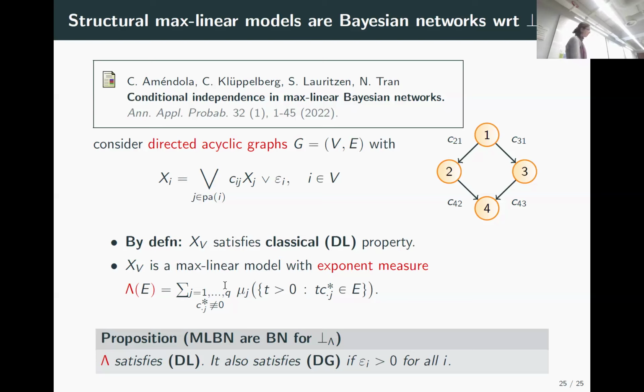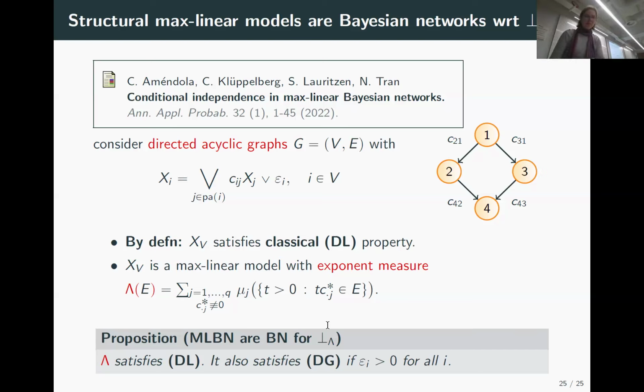And it does. It satisfies the local directed Markov property with respect to its own graph, basically. That is reassuring. And it also satisfies the global one if the noise variables that we have in the system do not have mass at the origin. Basically, that is otherwise a problem. So then it also satisfies the global.